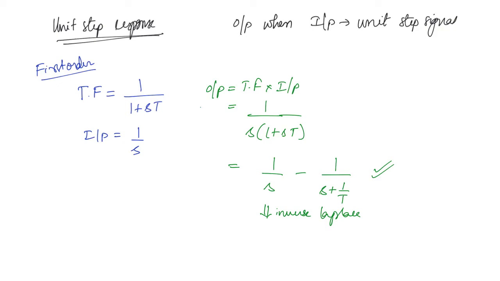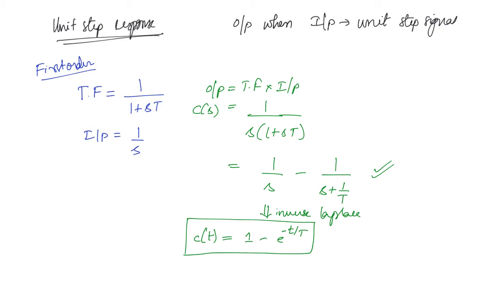So if you are taking the output as C of s, then you will get c of t to be the output in time domain. If you take the inverse Laplace, you will get 1 minus e to the power minus t by T. So this is the unit step response of a first order system. If you draw a graph for this, this is the time axis.